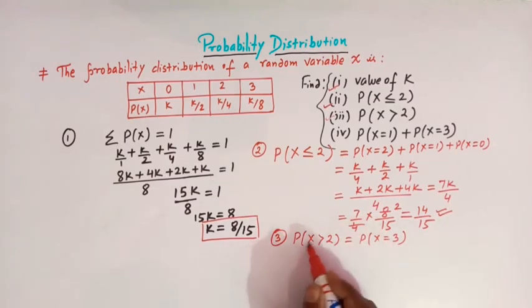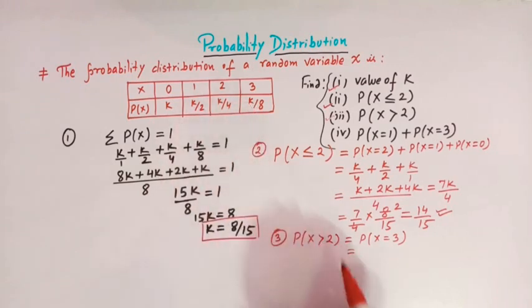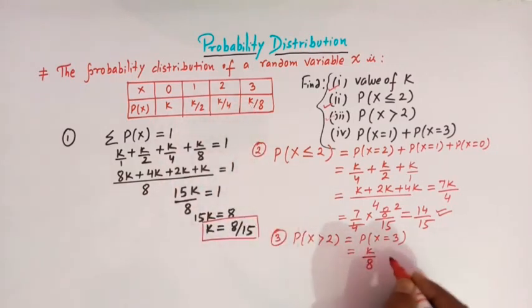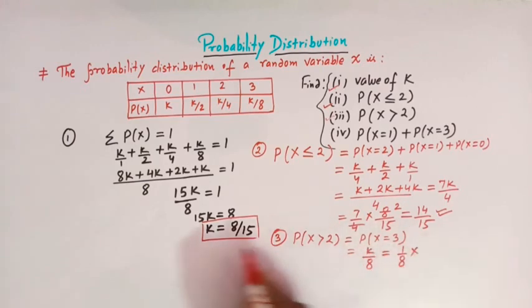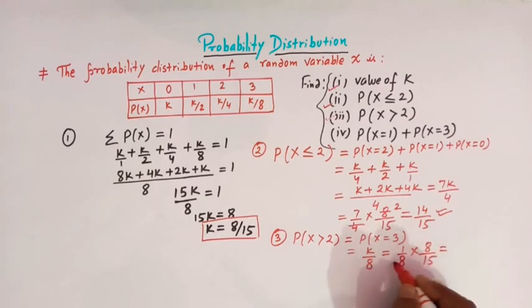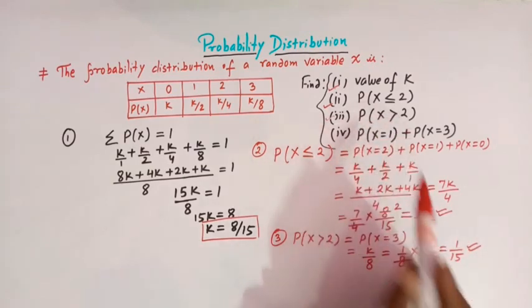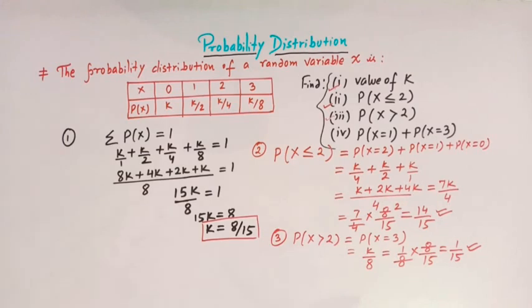So p of x greater than 2 is the probability corresponding to x is equal to 3, right? And p of x is equal to 3 is k by 8 or k over 8, and we have 1 over 8, and the value of k is 8 over 15. So here we have 8 over 15, 8 and 8 get cancelled, we have 1 over 15. So the value of p of x greater than 2 is equal to 1 over 15, right?